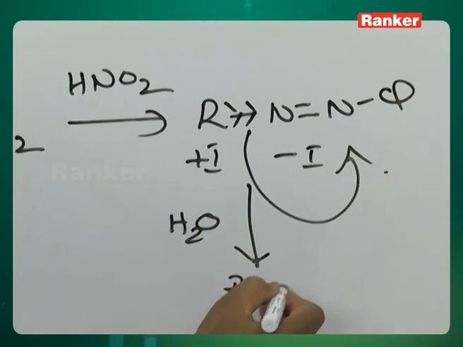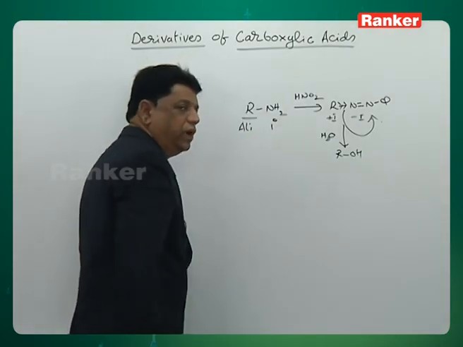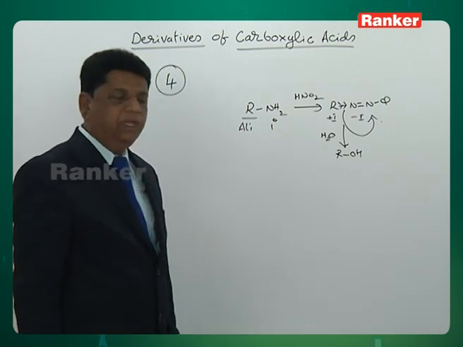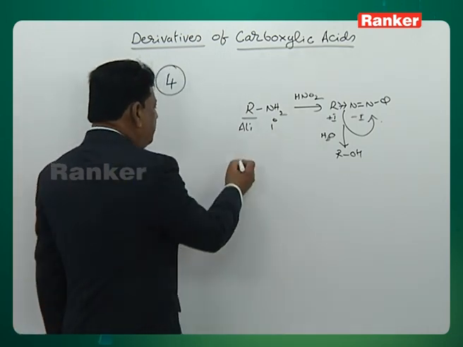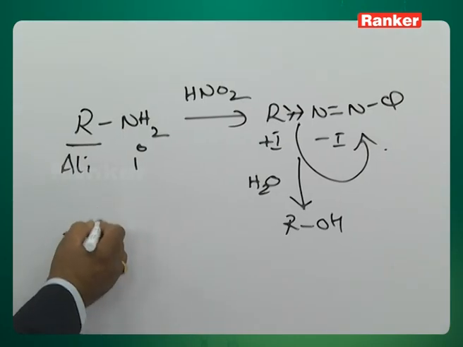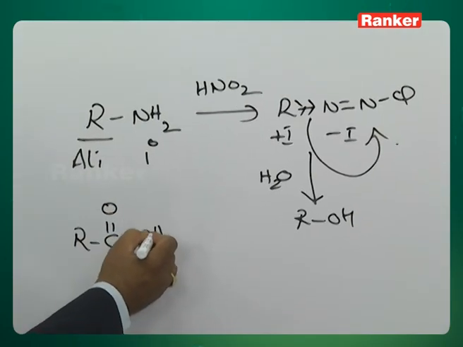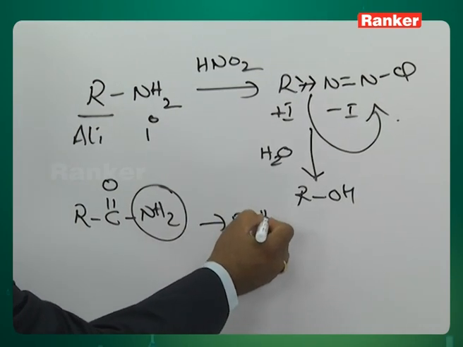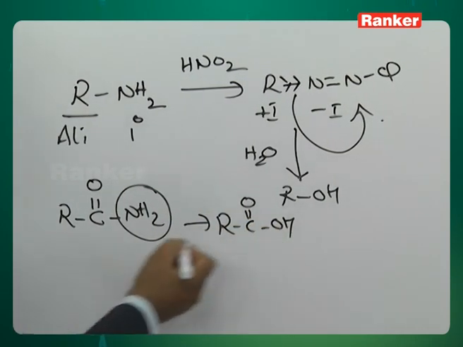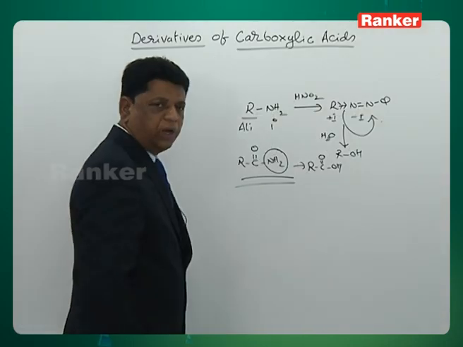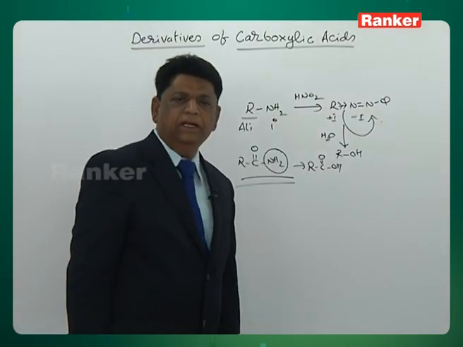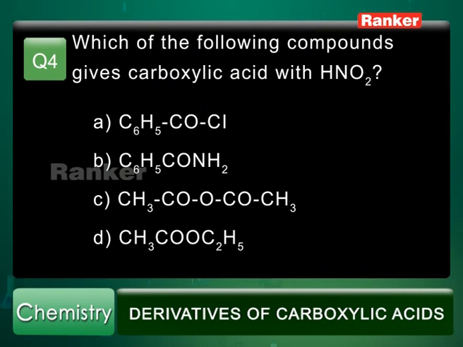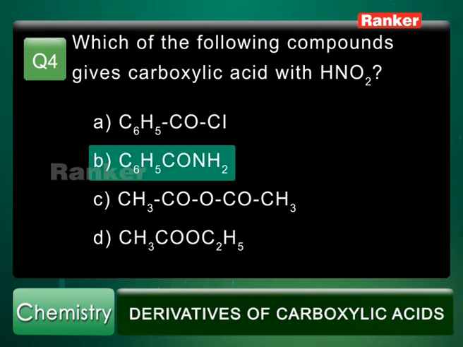So finally it becomes alcohol. So primary amines with nitrous acid give alcohol. In a similar way, acid amides also undergo the same type of reaction, in which the NH2 finally becomes RCOOH. So only the acid amides will give the carboxylic acid, not all the other acid derivatives. Therefore, option B is the right answer.